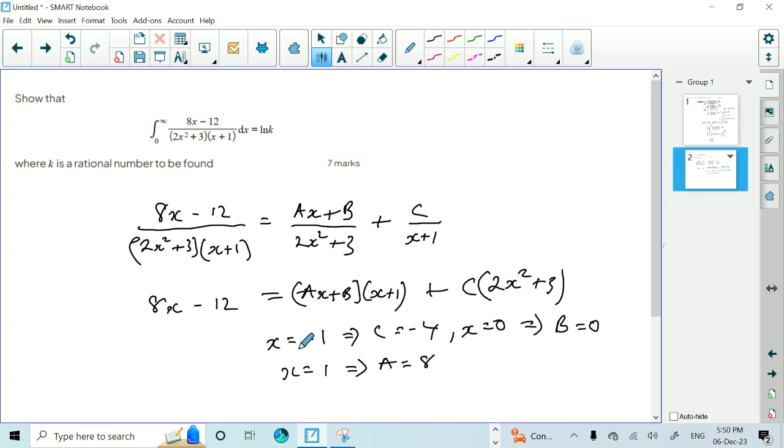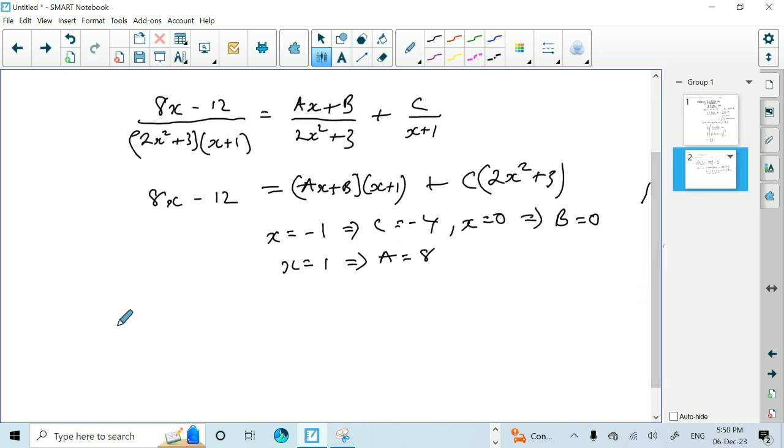Comparing coefficients is another method. What will that give you? You could say a plus 2c is equal to 0, a plus b is equal to 8, and b plus 3c will be equal to -12. I'm just quickly doing that to show you that there are other methods.